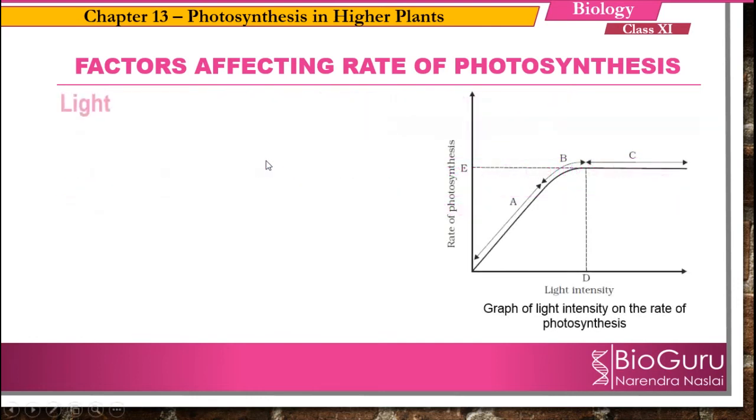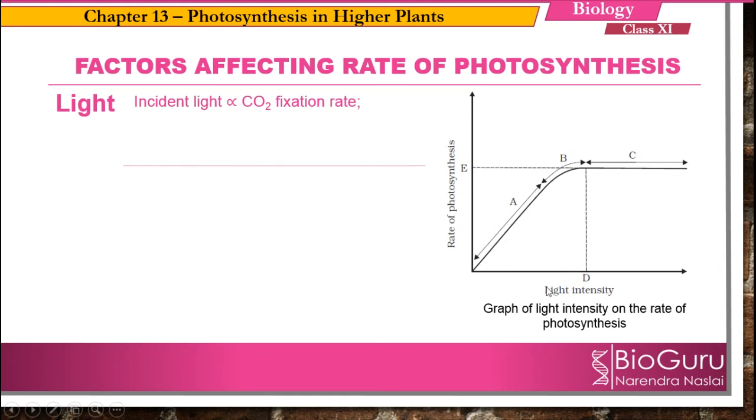First one, light. Here the incident light is directly proportional to the carbon dioxide fixation rate. But at higher light intensities, the rate does not increase further as other factors become limiting. Through this graph we can understand how light is going to affect the rate of photosynthesis.